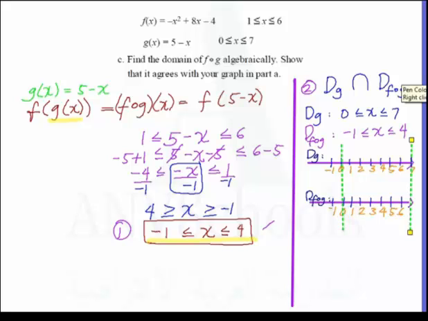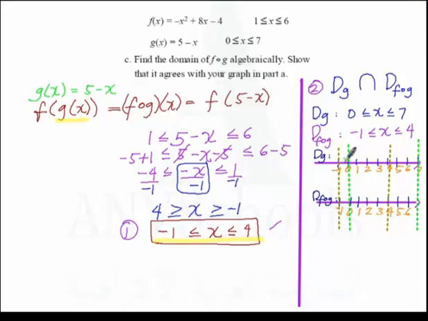So let's make this color, this one and this one. So DOG is 0 to 7, and for our FOG, it's from -1 to 4.